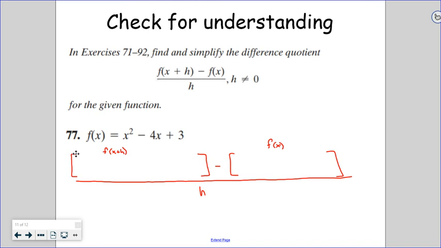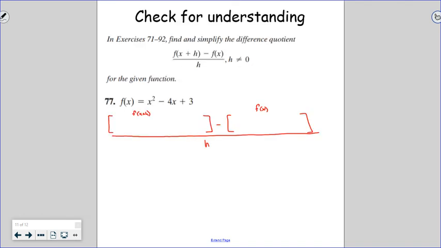All right, guys, I know that this is a challenging one, and there's a lot of algebra to show at the beginning. So hopefully, again, my visual up here can help. I am writing my function out. My function is x squared minus 4x plus 3. I am writing this out, putting in parentheses everywhere there's an x, right?